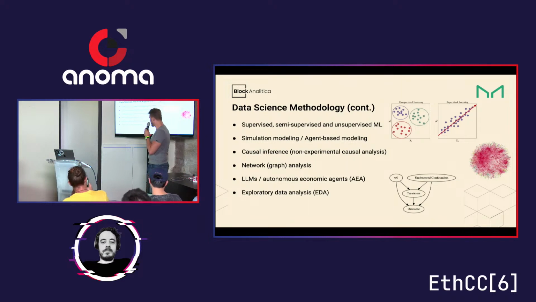Then we have graph analysis, which is clearly a very nice mapping to blockchains, because blockchains can be modeled very nicely as entities, nodes, and interactions between these nodes. Then we also have the recently very hyped LLMs, the large language models, and autonomous economic agents.